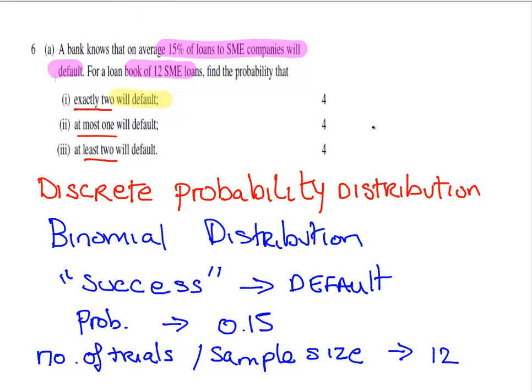Let's write that there in green. N is 12 and P equals 0.15. So we're going to say that this is a binomial distribution question with N equals 12 and P equals 0.15.